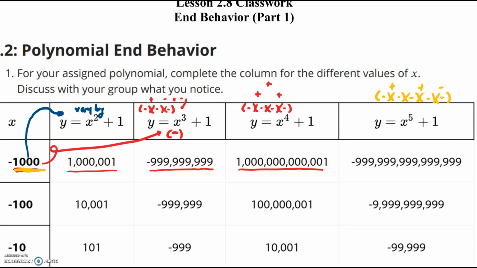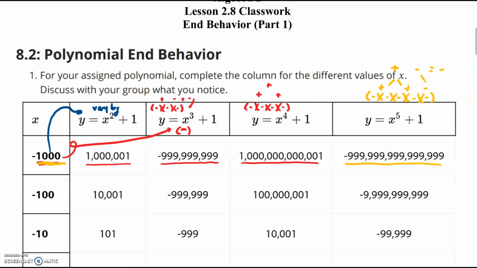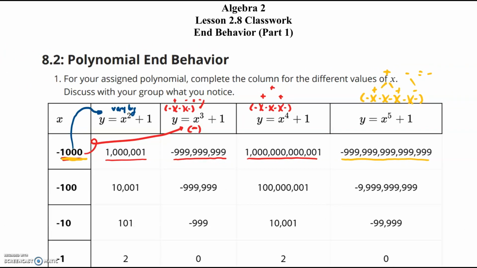And then I'll have a negative at the end. This positive and positive is a positive. Right? When I take that positive and multiply it by a negative, I'm going to get a really big negative number. So we can see there's actually a reason that these values behave the way they do.